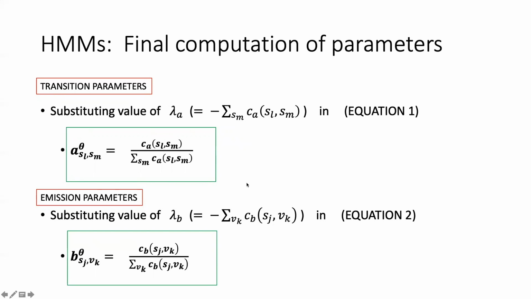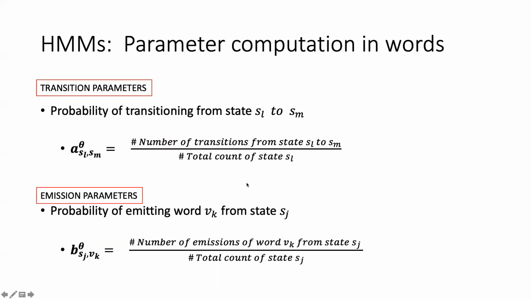Let's understand what this means in terms of words. The transition parameter A theta, SL, SM indicates the number of transitions from state SL to SM divided by the total number of counts of state SL.